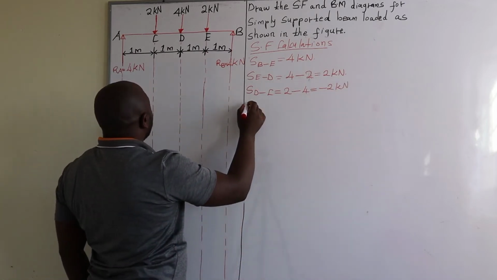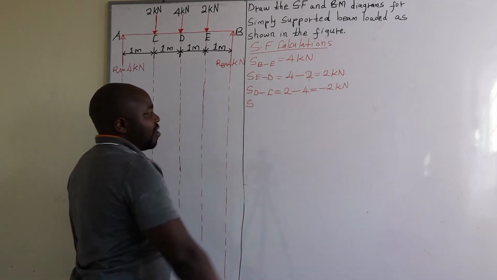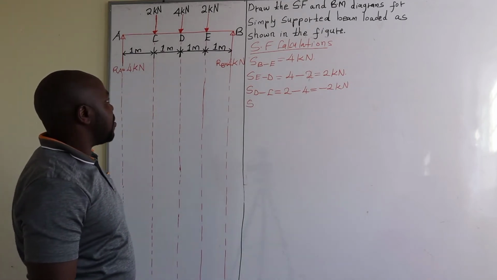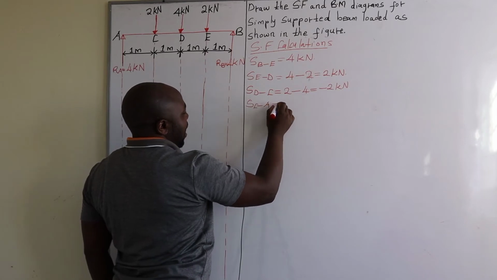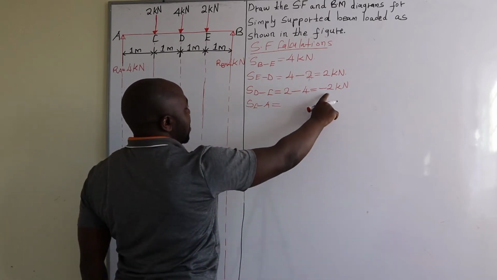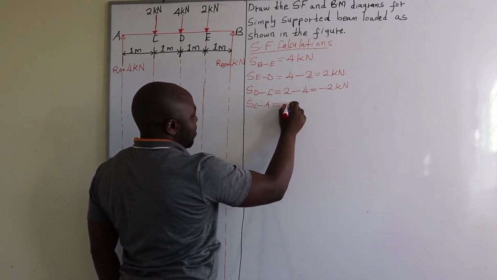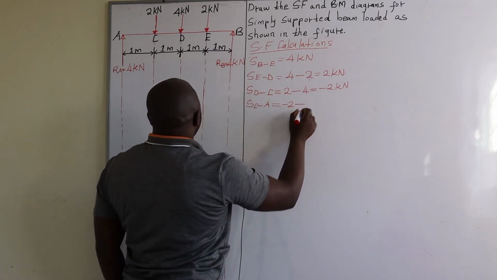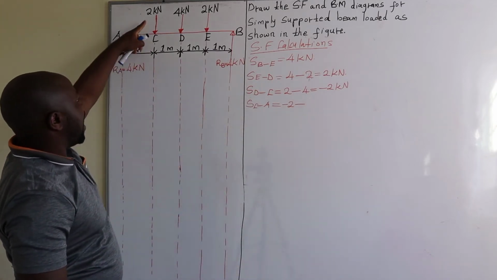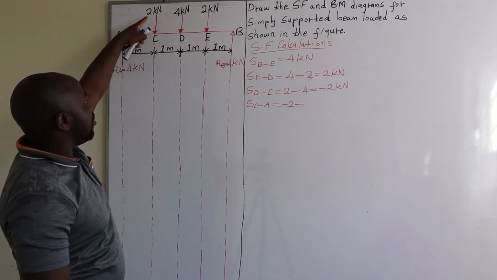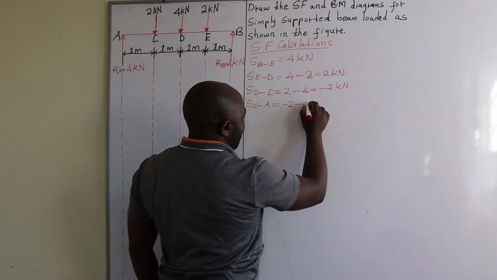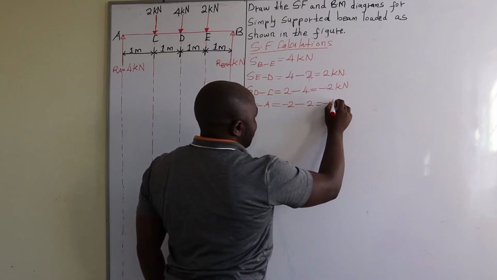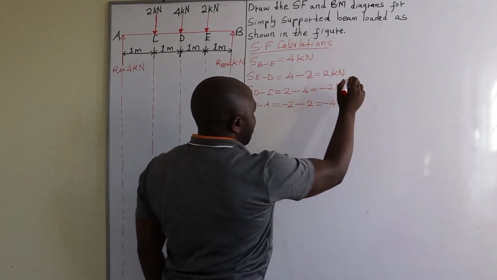Then from there, our final shear force calculation is going to be the shear force between point C and point A, which in this case is going to be the shear force between point D and C, which is negative 2 kilonewtons, minus the point load acting at point C. So in this case we have minus 2, which is going to be minus 4 kilonewtons.